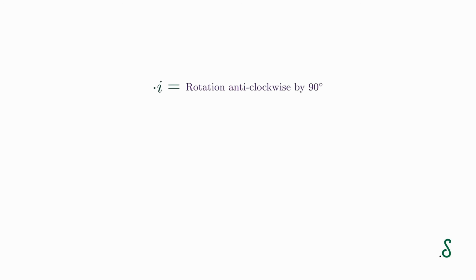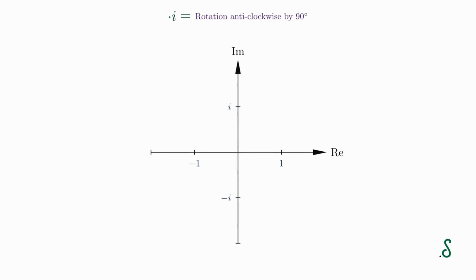Let's visualize this to understand it a bit better with our helpful friend, the Argand diagram. So we have the vector 1 on the real axis. This vector goes to i after rotating anticlockwise by 90 degrees once, and then goes to -1 if rotated again anticlockwise by 90 degrees, satisfying our definition from before.